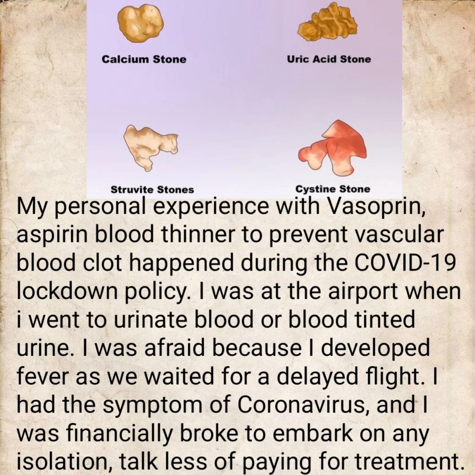The crystals will make you pee with pains. You feel pains, and that is an experience I personally had. During COVID-19, when I was traveling to Abuja, the urine came out painfully, and blood was also shown. I was afraid, and I had to call my doctor friend, Dr. Odeshino, who instantly told me, when I got to Abuja, that I should just be taking more water and not take any other drug.